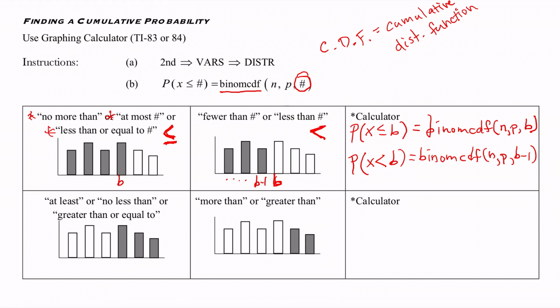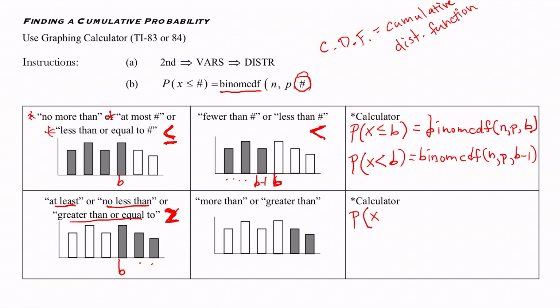We'll see an example of that in a moment, but let's look at the other case where we see at least, no less than, or greater than or equal to. Those all involve the greater than or equal to symbol. If B is this one here, it includes all the values that are bigger than B. The way we do this is to use the complement.